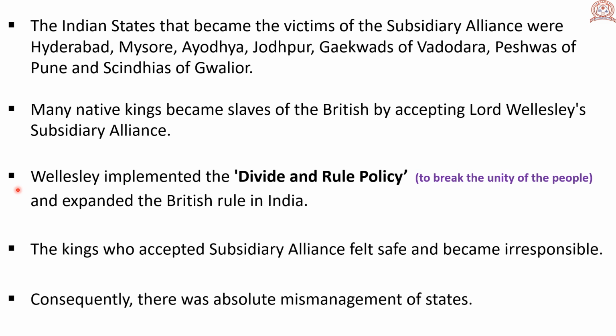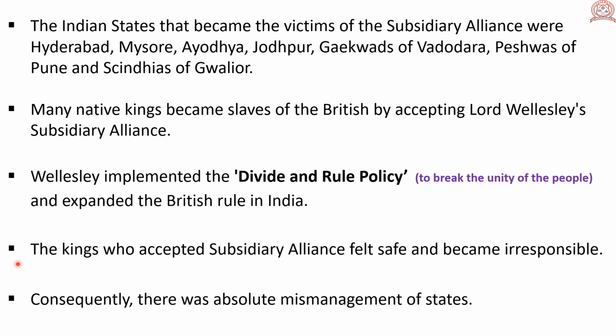The aim of Wellesley was, through the divide and rule policy, to break the unity of the people, and take advantage of this to expand the British rule in India. The king who accepted subsidiary alliance felt safe and became irresponsible.